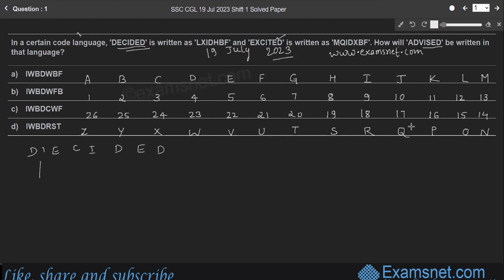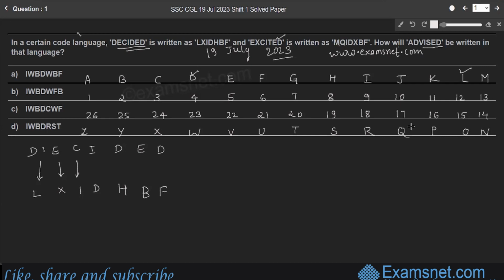Here D is coded as L, right? E is coded as X, right? So decided is written as LXIDHBF, right? So here D is coded as L. So positional value of D is 4, L is 12, right?